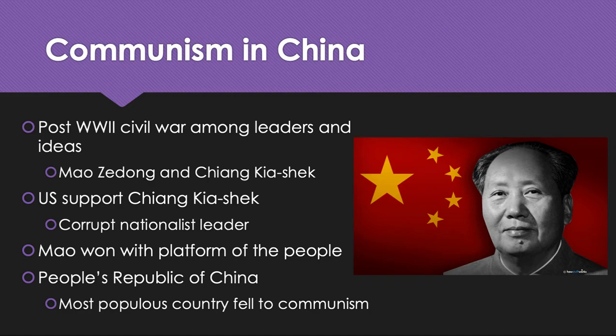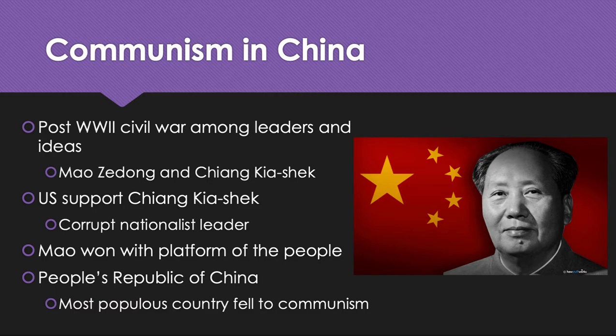Now, the United States, of course, is going to push against and support anybody who is fighting communism post World War II. But this fight between the leader Chiang Kai-shek and Mao Zedong is going to put the United States in its first place where we are actively helping to defeat the spread of communism.